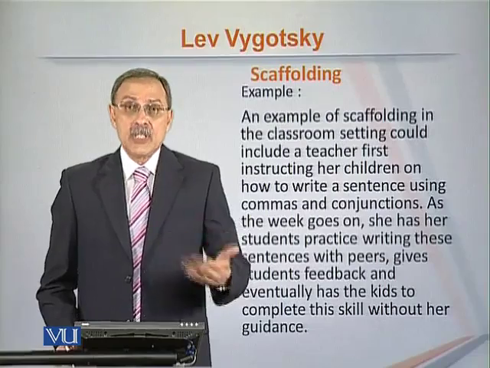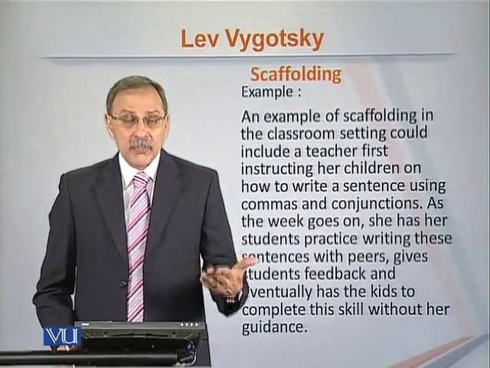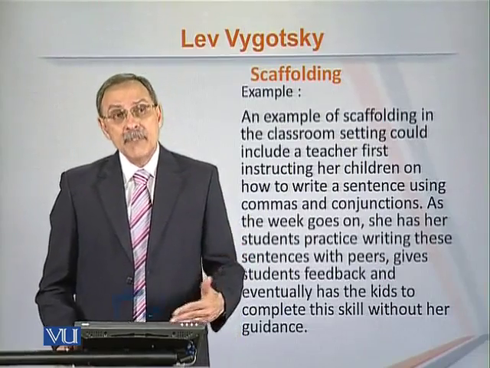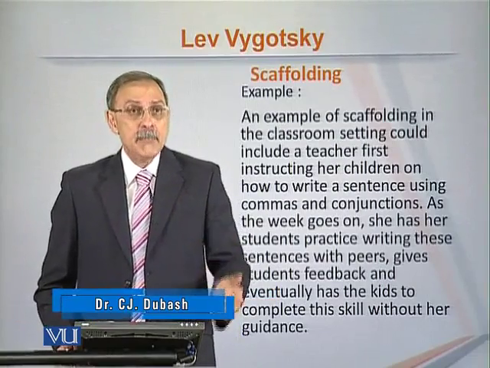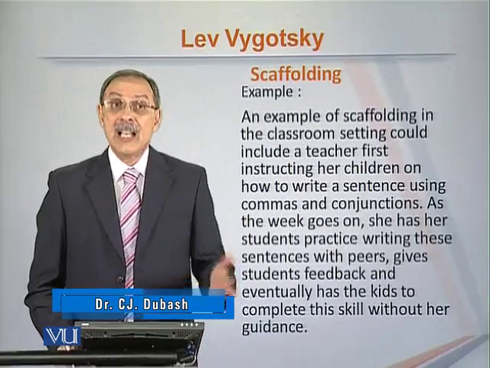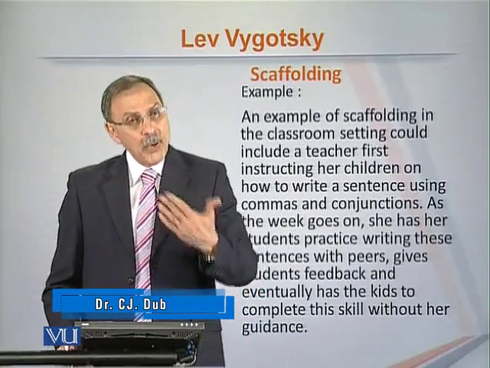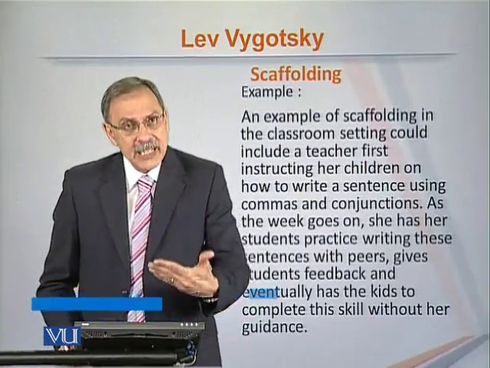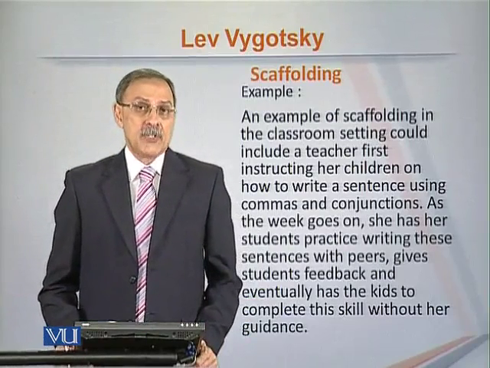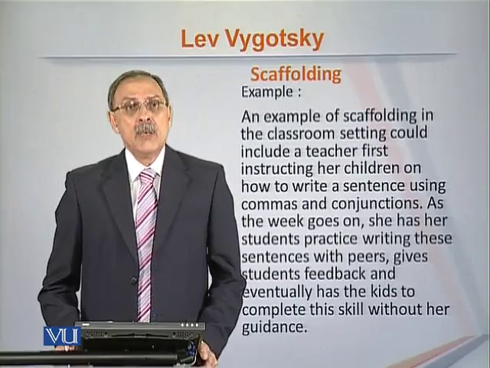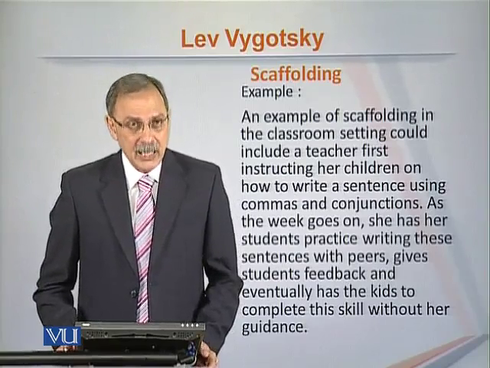She may ask students to make sentences that involve conjunctions. She may give them sentences on a worksheet that are incorrectly marked with commas and conjunctions and ask them to fix it. But whatever way the teacher is involving the students in, the teacher moves around the classroom, providing help when children need the help.